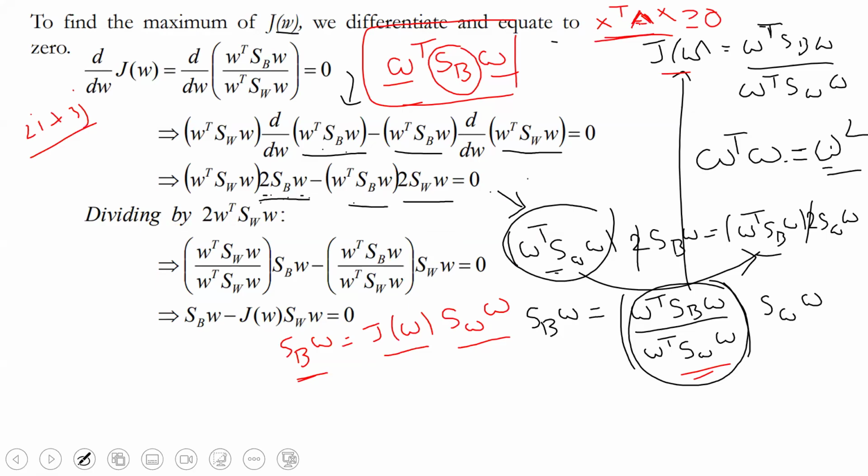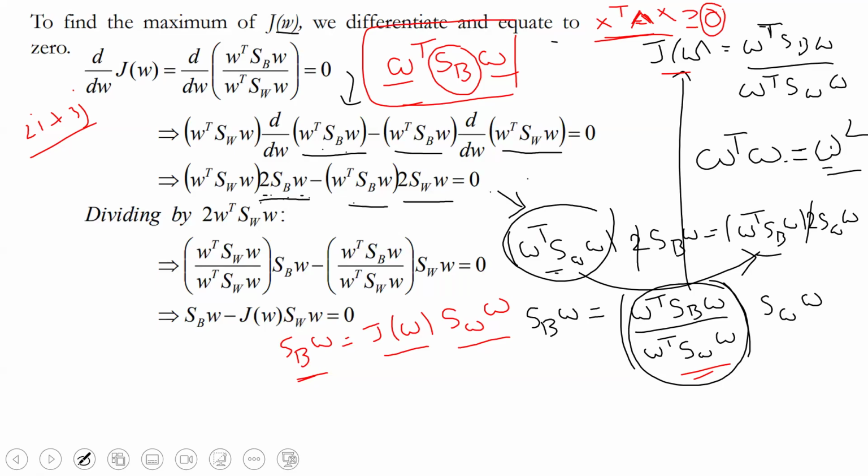So you agree with that? Do you agree that W transpose SP into W is a scalar value when SP is a positive semi-definite matrix? Scalar means a constant value, an integer value.